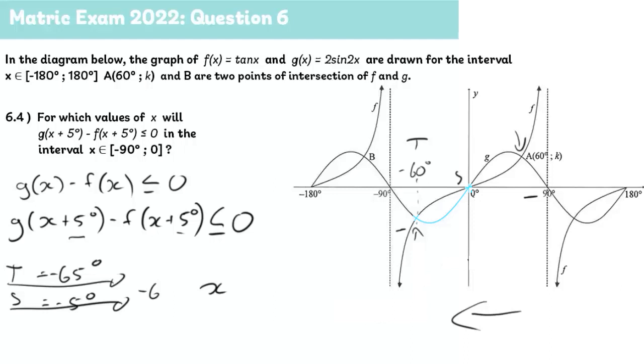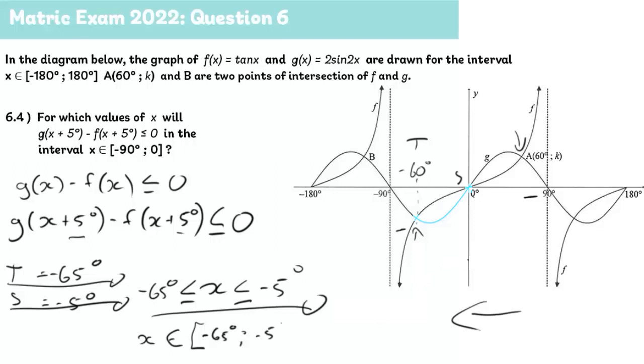On the one hand, we have -65 degrees, on the other hand, we have -5 degrees, less than or equal to. We're working with the x-axis, and it'll be a square bracket because it is including -65 degrees and -5 degrees.